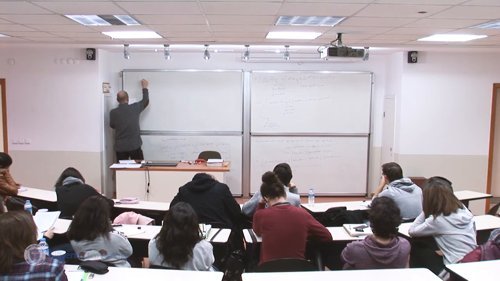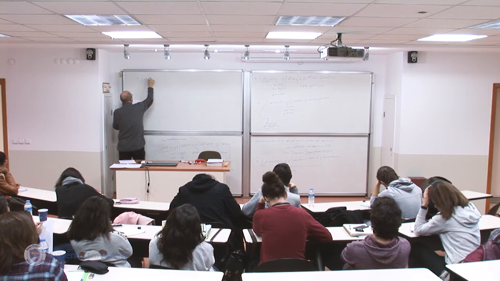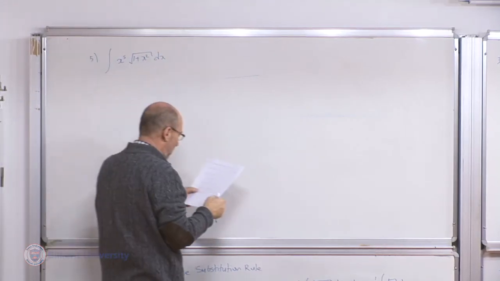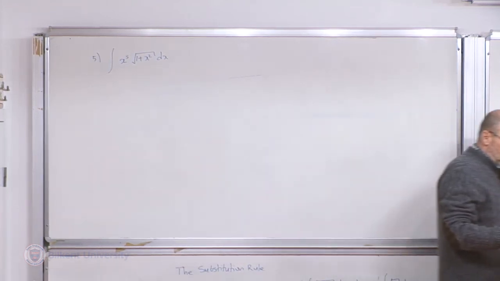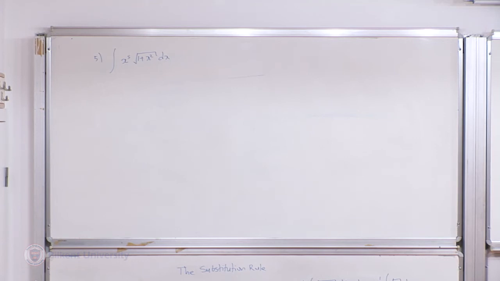So I'll have the integral of x to the 5 square root of 1 plus x squared dx. Okay, any idea for substitution? Well, first step looks obvious.